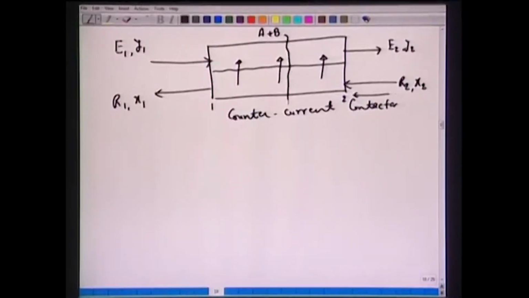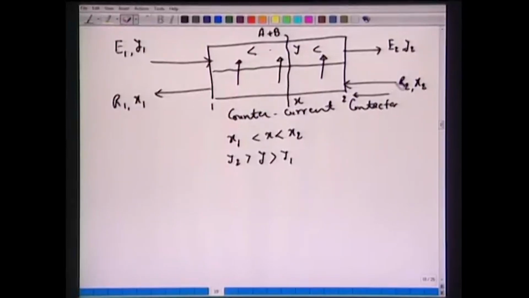If you take any intermediate section where the concentration mole fraction here is small x and here it is y, then we have X2 greater than x and greater than x1, and here y2 will become greater than y greater than y1, as we have enrichment of this stream with A. So y2 will be greater than y greater than y1, like this. Here we have x2 greater than x1, excuse me.